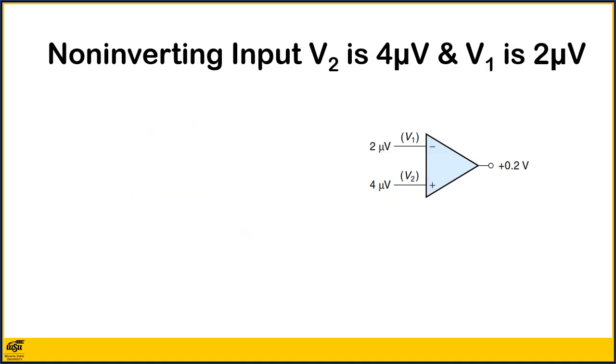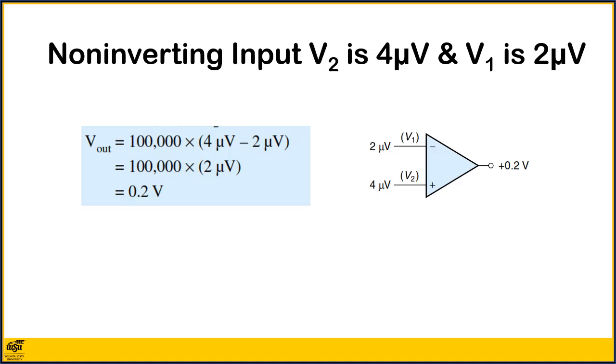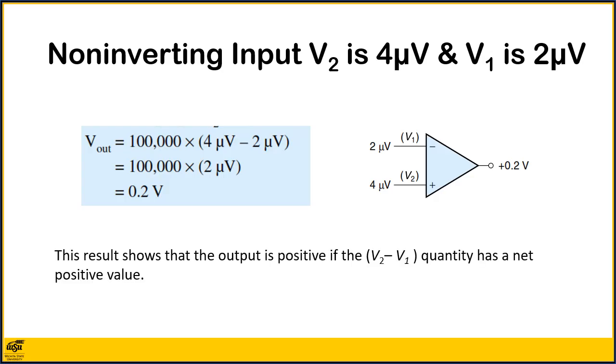For case B, where the non-inverting input V2 is 4 microvolts and V1 is 2 microvolts, the difference between V2 and V1 is 2 microvolts. This multiplied by the gain of 100,000 leaves an output voltage of 0.2 volts. This result shows that the output is positive if the V2 minus V1 quantity has a net positive value.